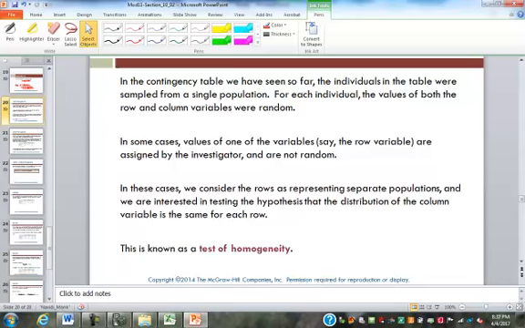And then only one of the variables is really a variable. So in these cases, we consider the rows as representing separate populations. So they're saying we separated them by rows and then placed them in the columns as we gathered the data. We're interested in testing the hypothesis that the distribution of the column variable is the same for each row. So this is homogeneity. So very slight difference there.